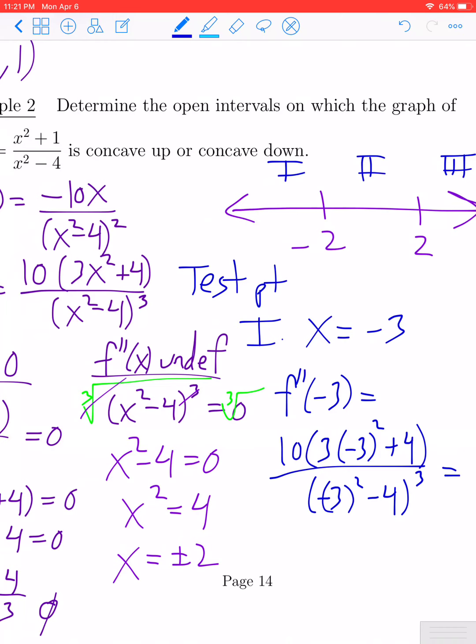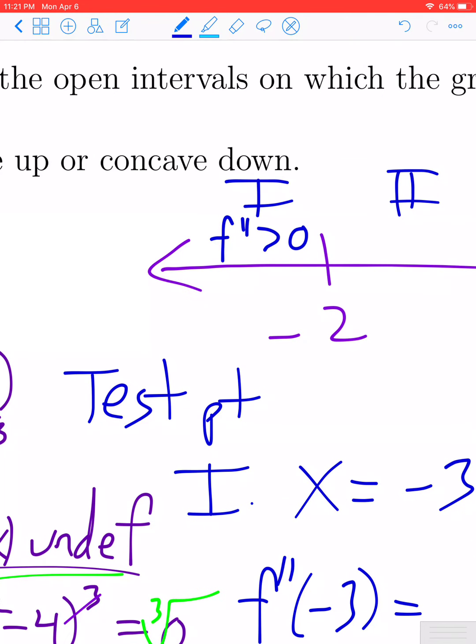In the numerator, negative 3 squared would be 9. 3 times 9 is 27. 27 plus 4 is 31. Times 10 would be 310. In the denominator, negative 3 squared is positive 9. Minus 4 would be 5. And 5 cubed is 125. Regardless, that value is going to end up being positive, which means that f double prime in the first region is positive, which means that the graph is going to be concave up there. So in region 1, the graph is concave up.